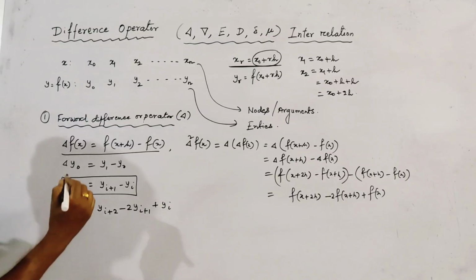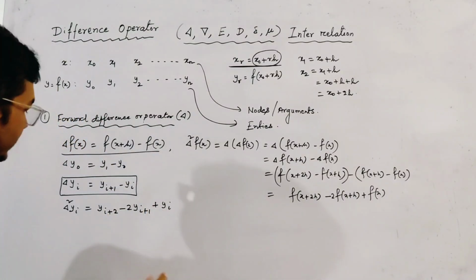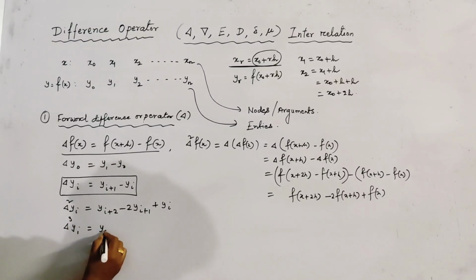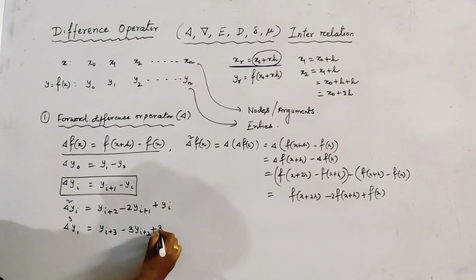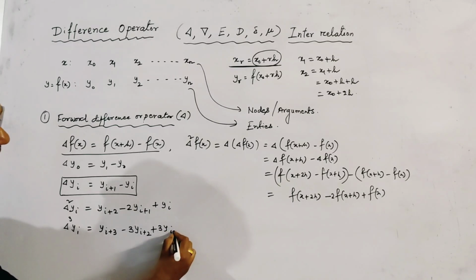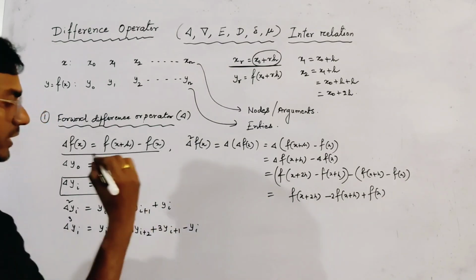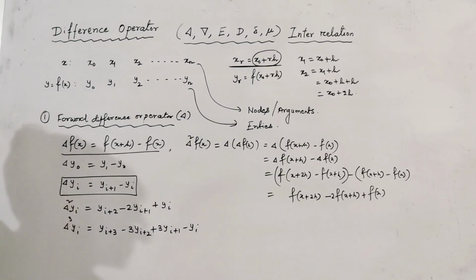Similarly, if we define the third order forward difference operator, we get delta cube yi, which is yi plus 3 minus 3 yi plus 2 plus 3 yi plus 1 minus yi. In a similar manner we write this relation.